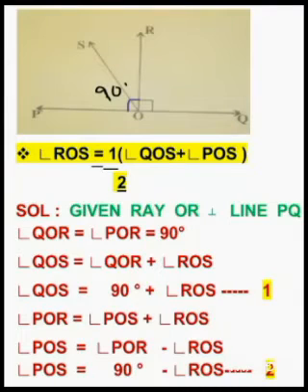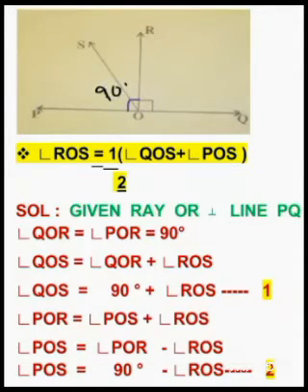Okay, let us move to the solution, children. What they have given in the question: ray OR is perpendicular to the line PQ. See the figure once. As ray OR is perpendicular to the line PQ, angle QOR is equal to angle POR is equal to 90 degrees.